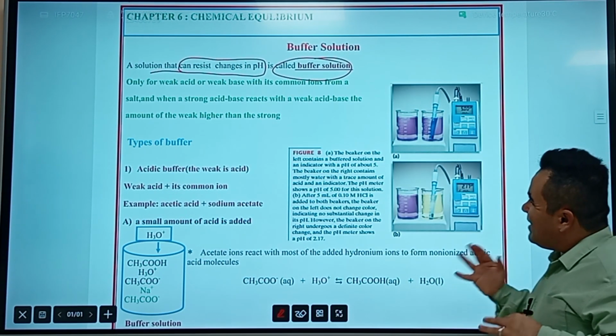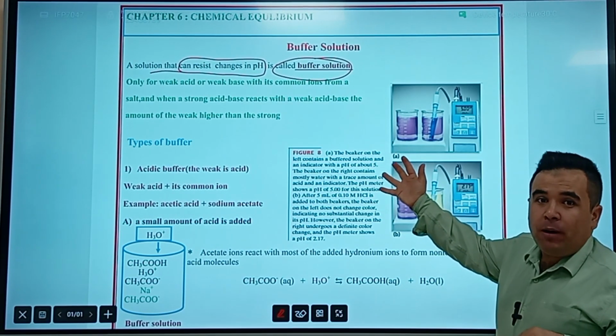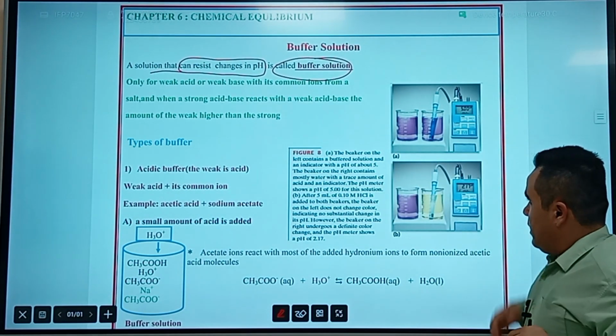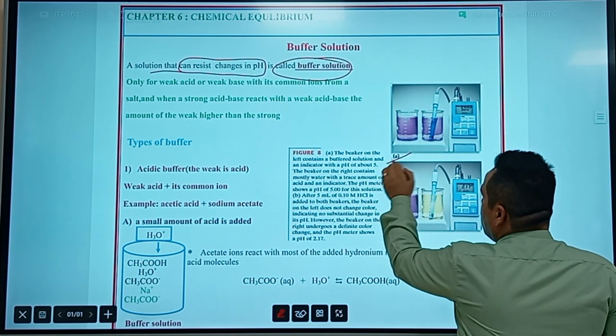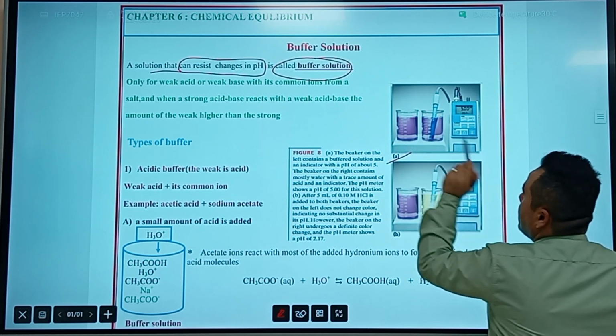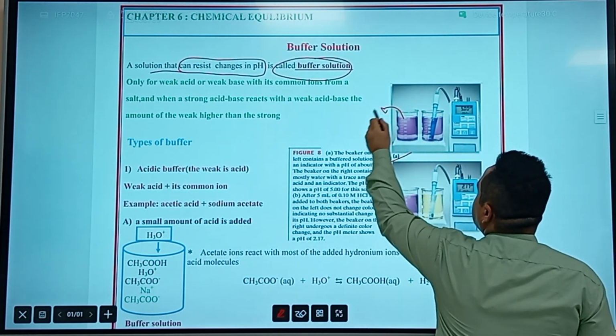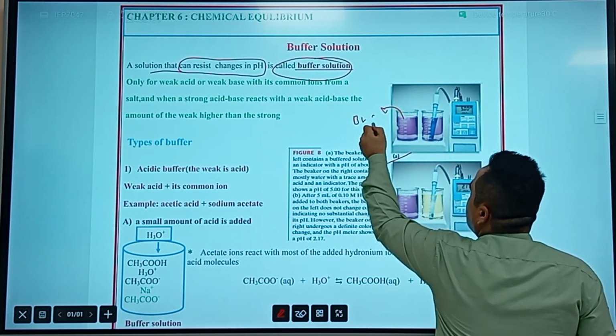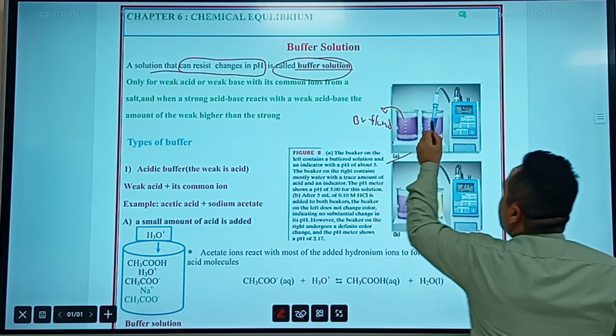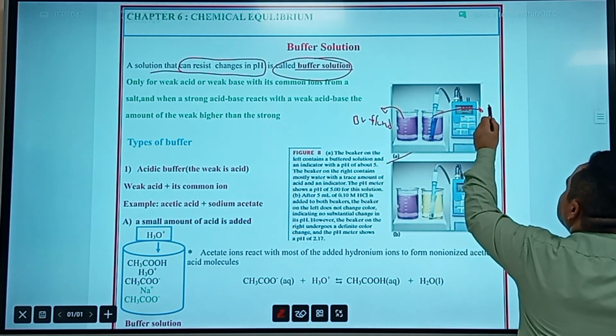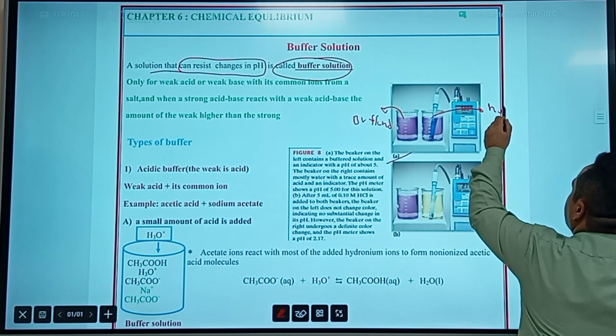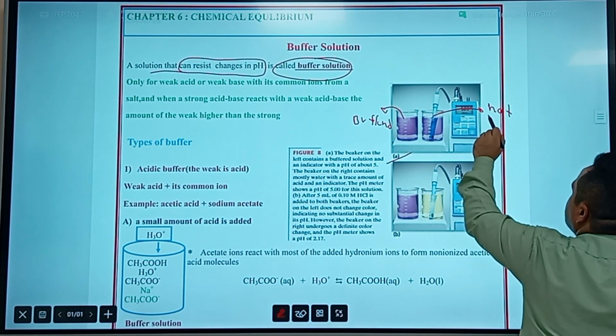In order to understand the buffer solution, let us talk about figure 8, guys. In figure 8 part A, we have two solutions. The left solution is the buffered solution. The right is not buffered, the unbuffered solution.